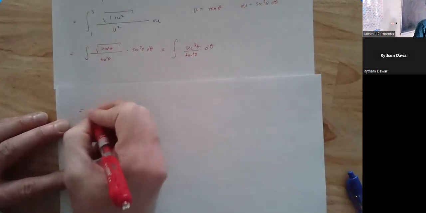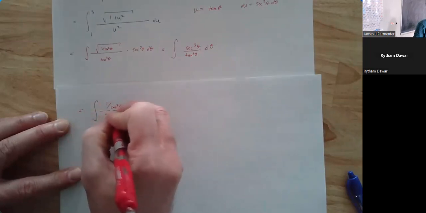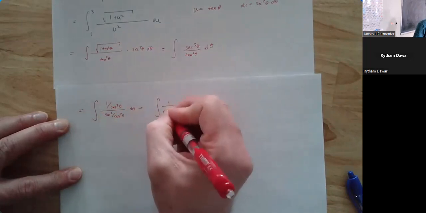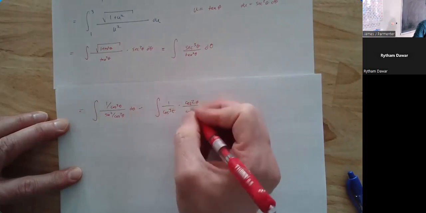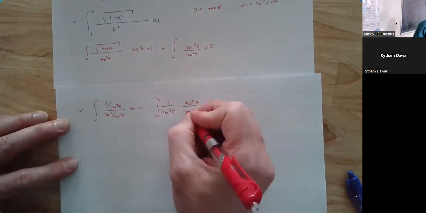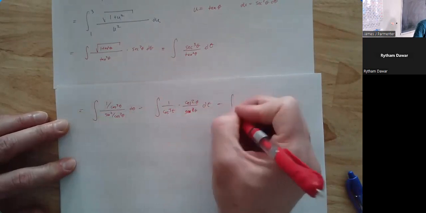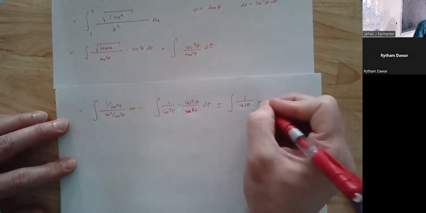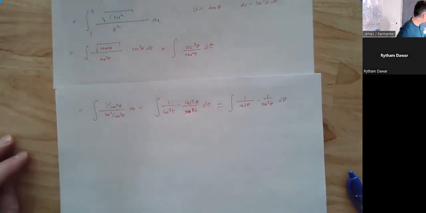So let's see, we're going to get the integral of 1 over cosine cubed over sine squared over cosine squared, which is going to equal the integral of 1 over cosine cubed times cosine squared over sine squared, and then we're going to end up getting the integral of 1 over cosine theta times 1 over sine squared theta. Terrible too. Good God, what a terrible, awful problem.